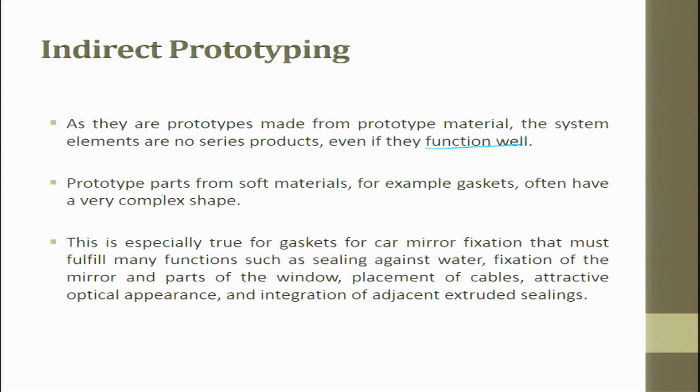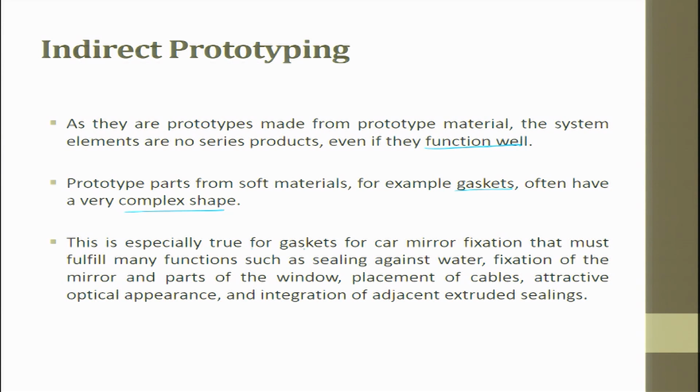Prototype parts from soft materials, for example gaskets, that is rubber, often have very complex shapes. So, we try to make it, seal it, and then see whether it is working when we have metal to metal contact.